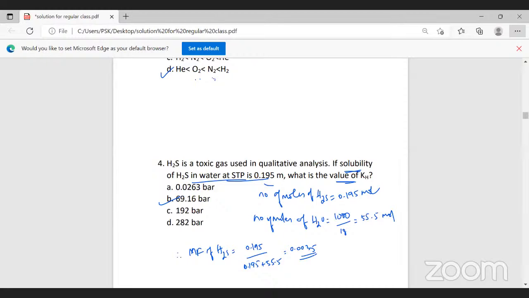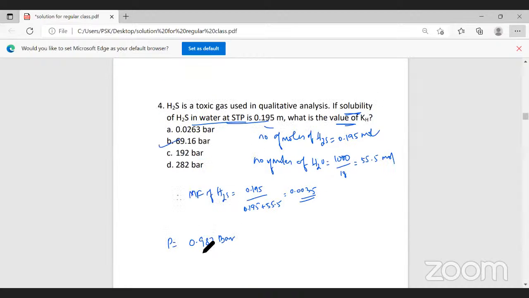at 1 bar, 1 atmospheric pressure. 1 atmosphere is atmospheric pressure. As per Henry's law, we can write the partial pressure is equal to KH into what?